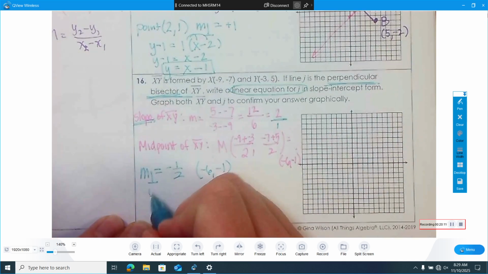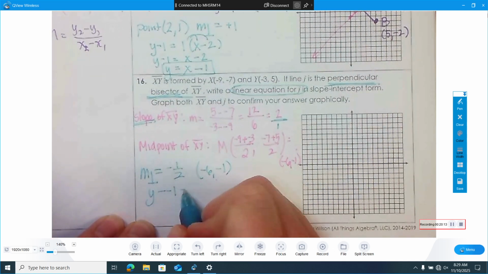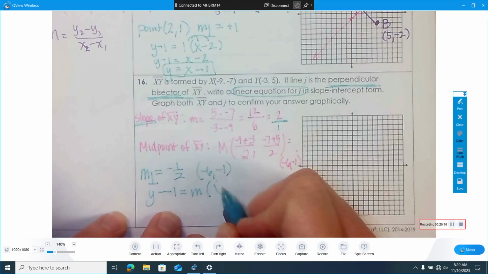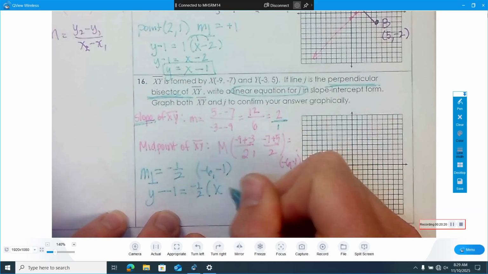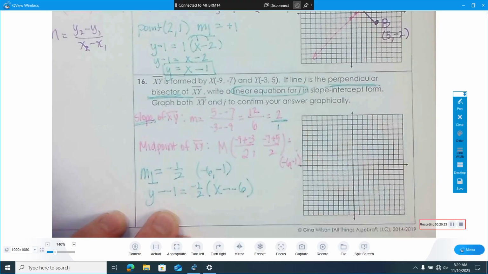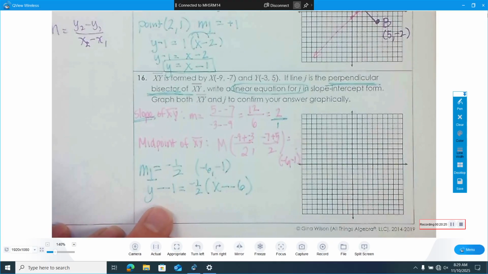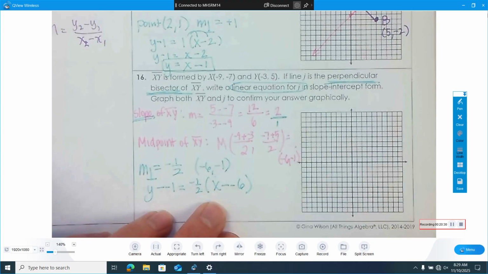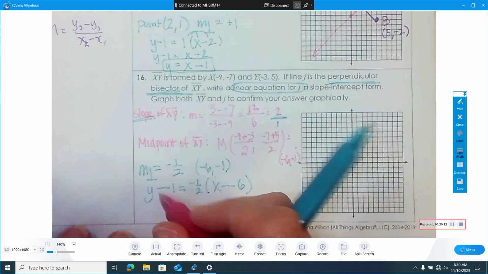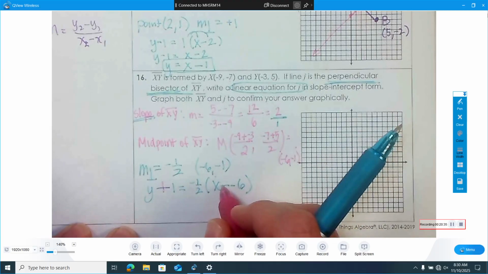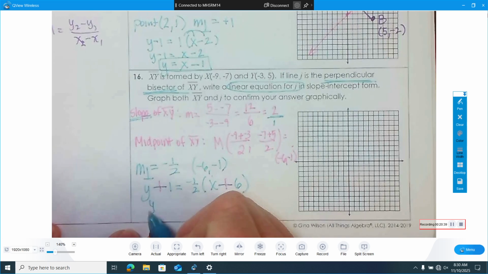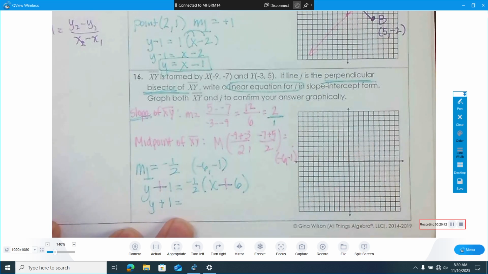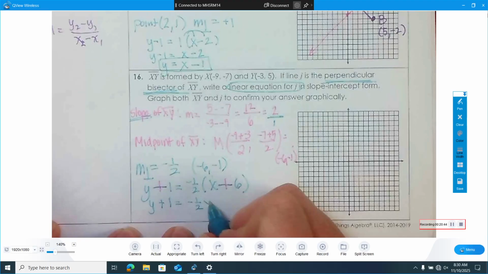All right, so we're going to have y minus y1 equals m times the quantity x minus x1. I'm going to plug in my m there, minus the -6. So y minus the -1 equals -1/2 times the quantity x minus the -6. Minus the negative turns to plus, and then we can distribute. So we have y plus 1 equals -1/2 times x is -1/2 x.